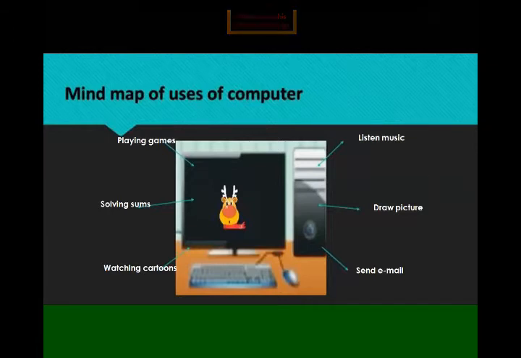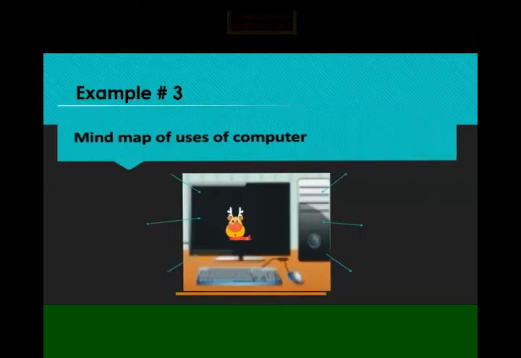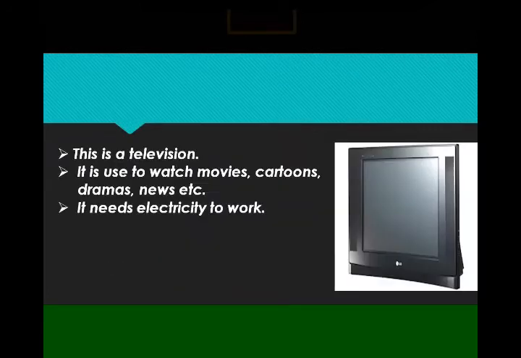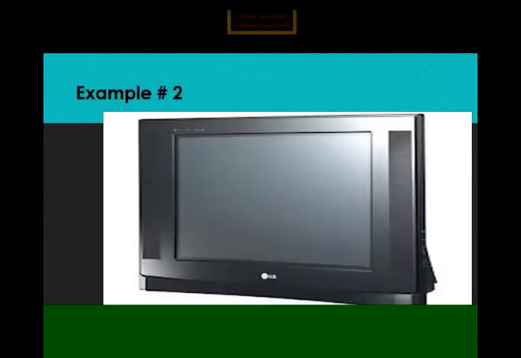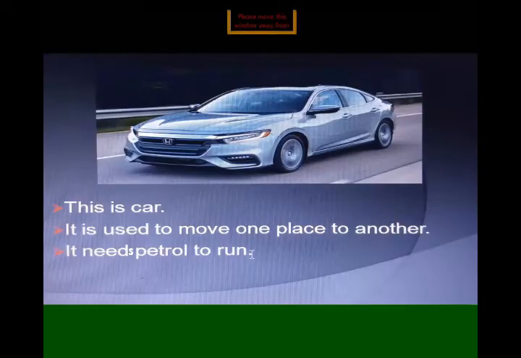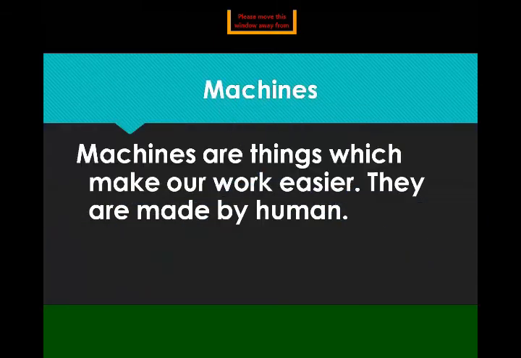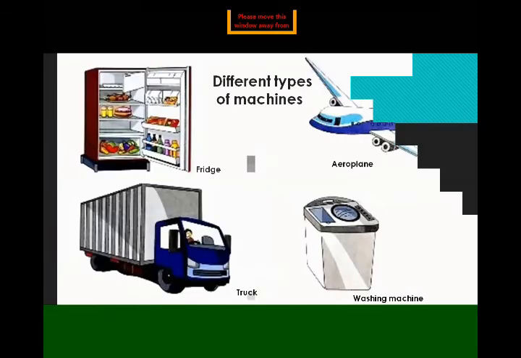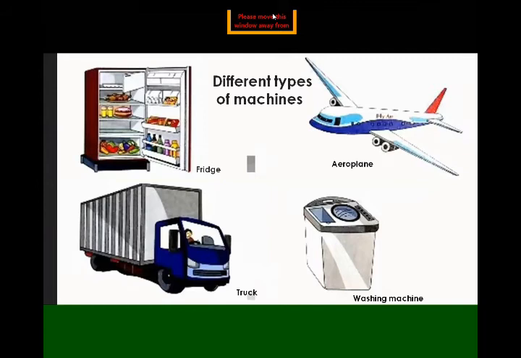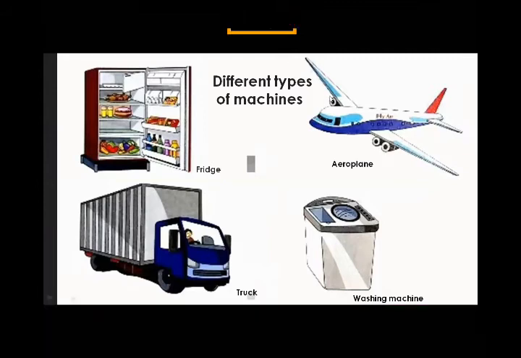And the machines which I have shared before, like television, car, and these all things, these all are only machines, because these can do only one work at a time.